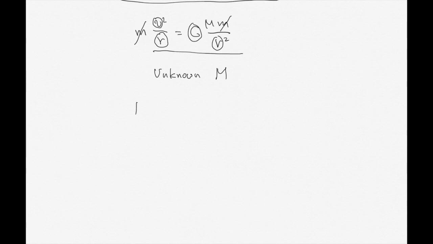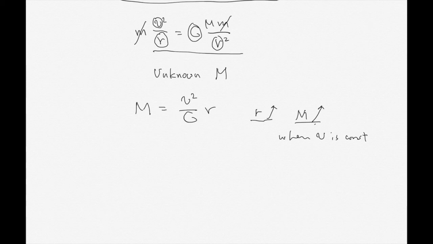So we could write M equals v squared r over G. This means this mass increases with the distance from the center of the galaxy. If r is increasing, M is increasing, since v is constant. In the case of galaxies, v is constant, so as the distance from the center of the galaxy increases, the mass increases.